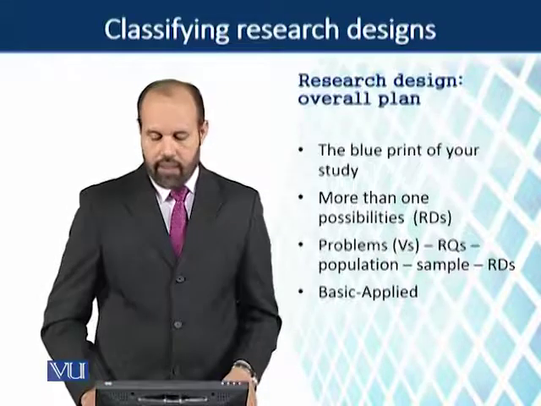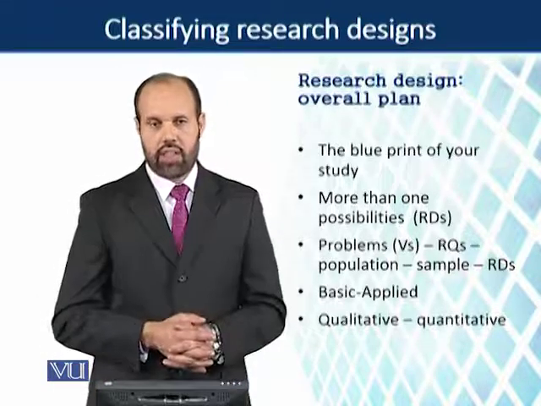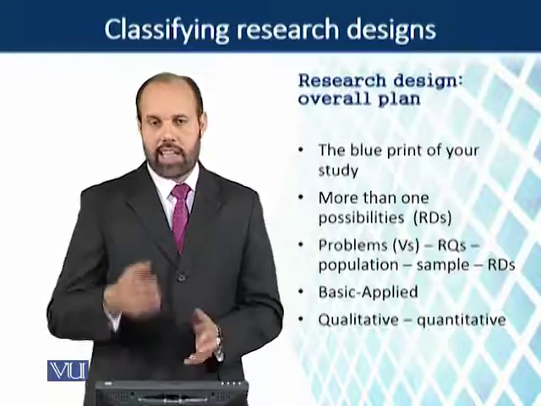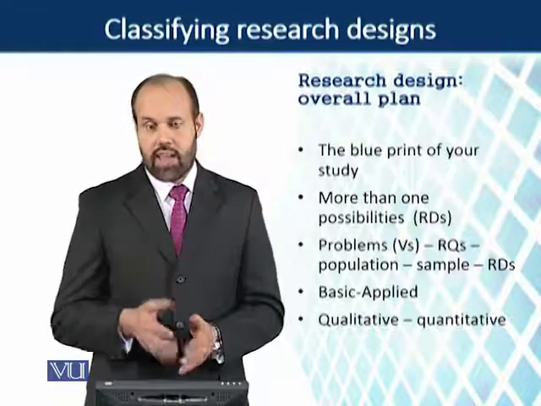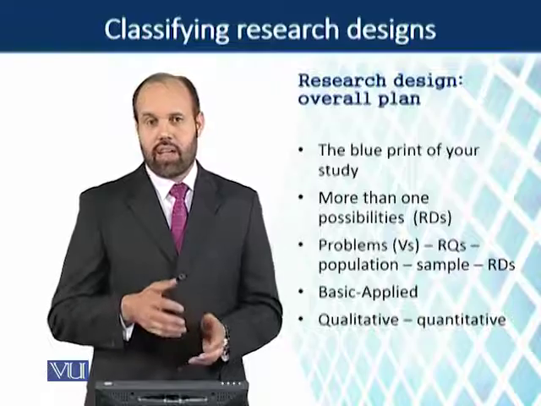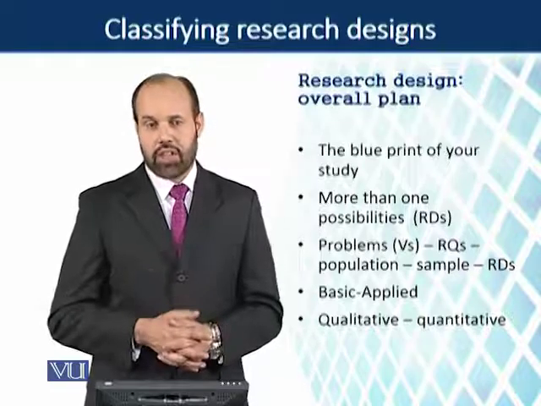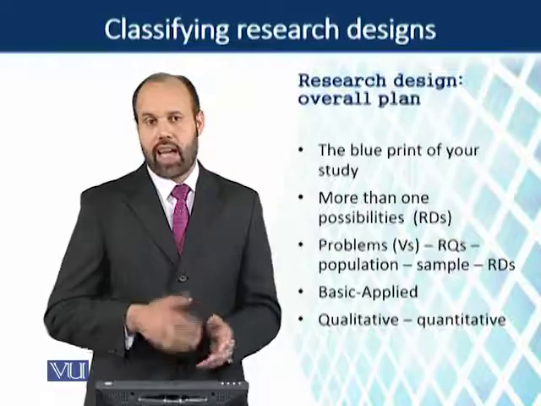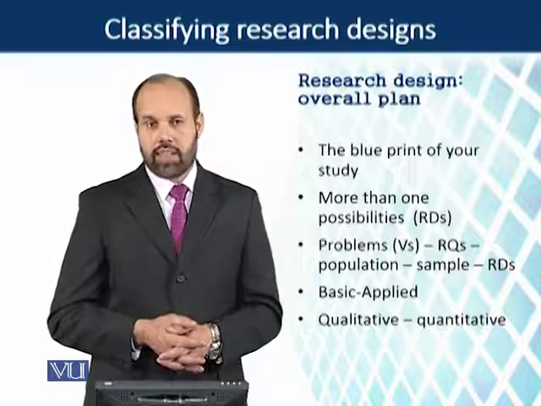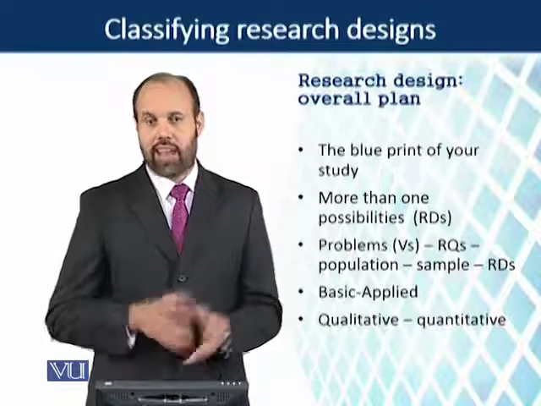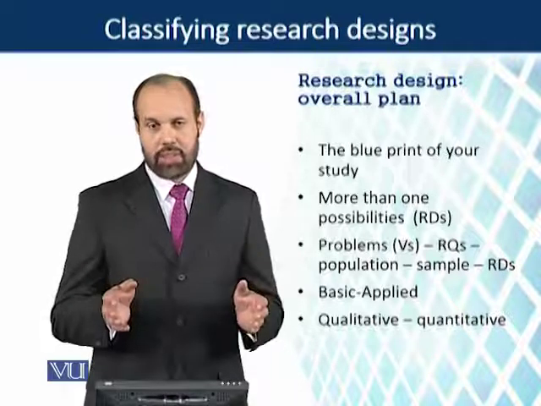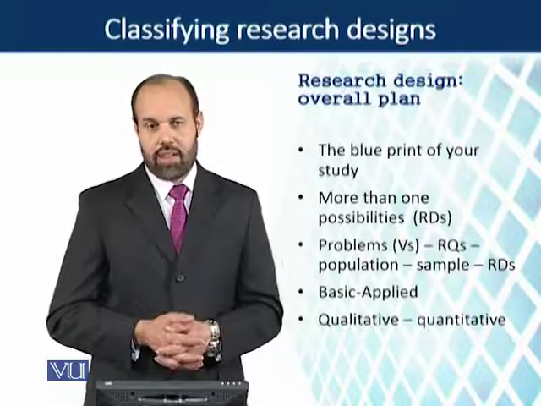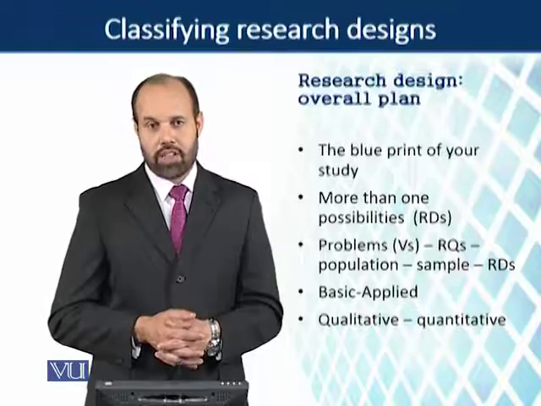Then we also have one classification of research in terms of data collection, in terms of the nature of data, in terms of the instrumentation for data collection, and of course also for the data analysis, okay? That is the division of research designs into two possibilities, which is called the qualitative, quantitative continuum, right?